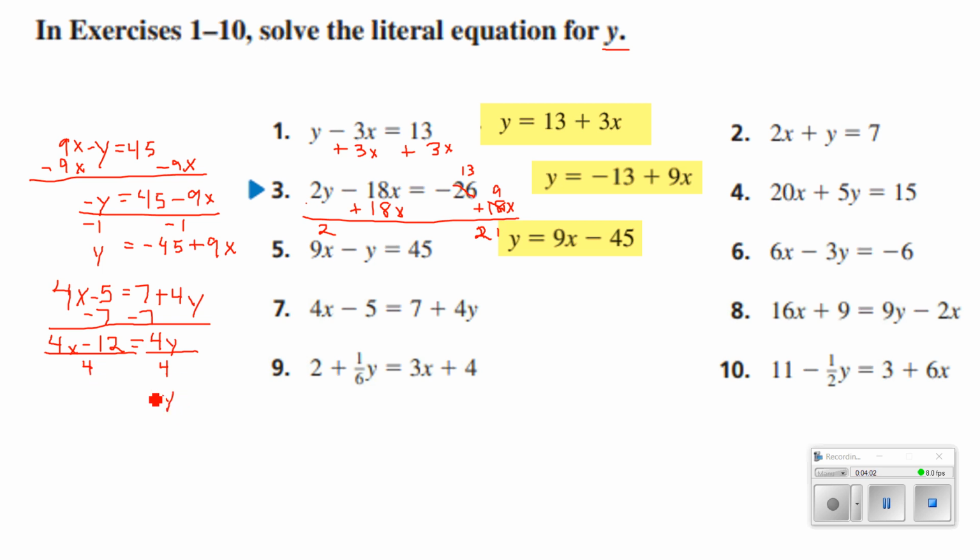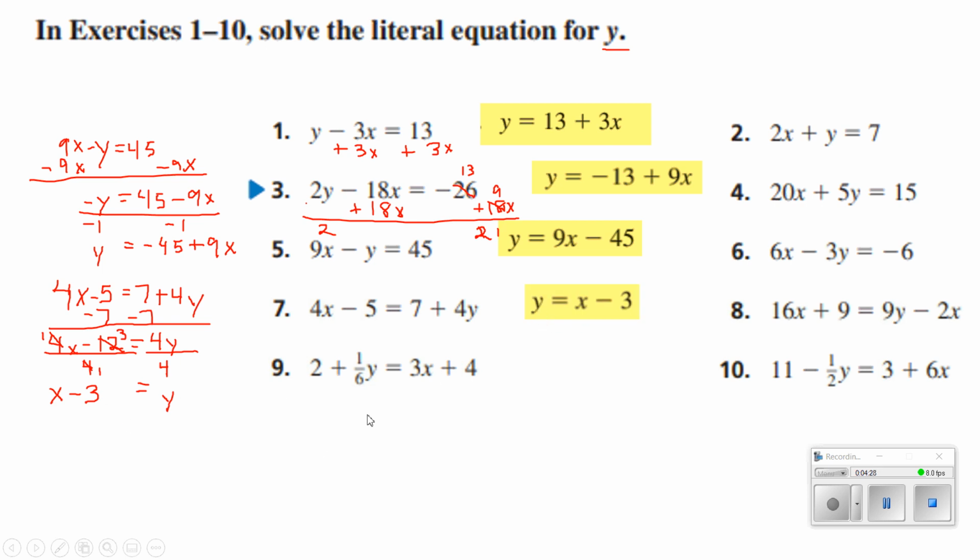Y is isolated, but because all these are divided by 4, 4 divided by 4 is 1. 12 divided by 4 is 3. So I should get 1x left over minus 3 is equal to y. Let's see how we did. Y equals x minus 3.